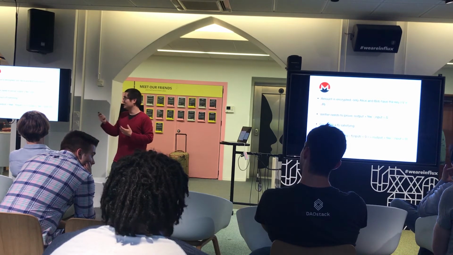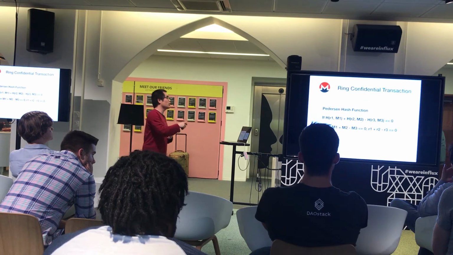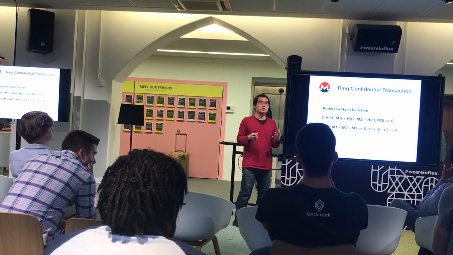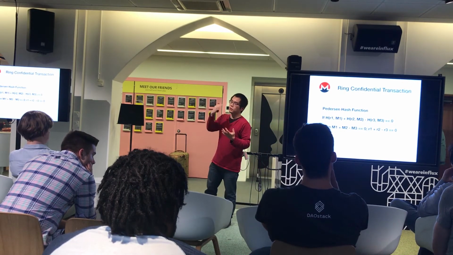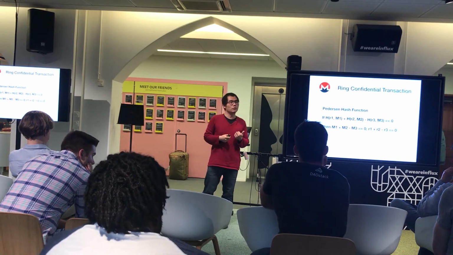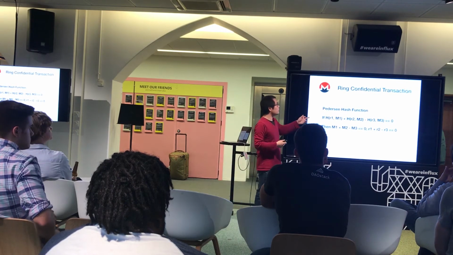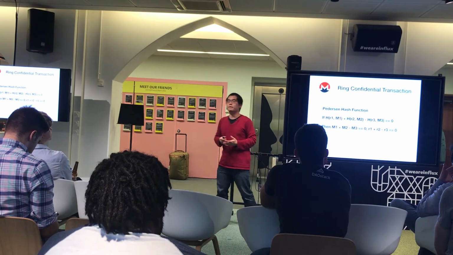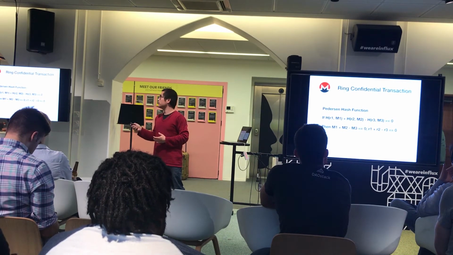We don't have time to talk about the details of why that happens, but it's the thing called the Pedersen hash function. We know a hash function is perfectly hiding. So from the output, there's no way to know the input. The input is the transaction information. You can't know that. But the verifier says, okay, I verify the function, it equals 0, then the transaction information balances to 0.